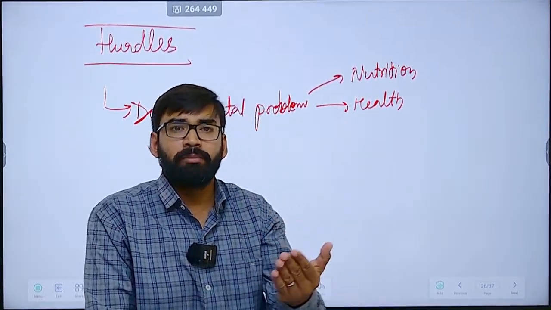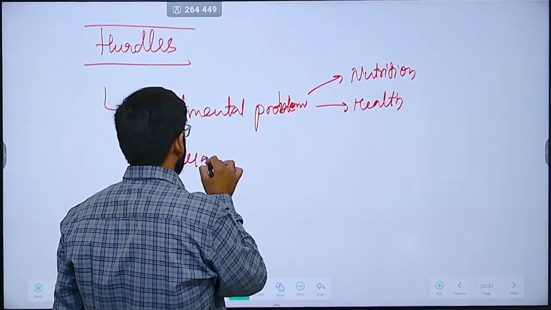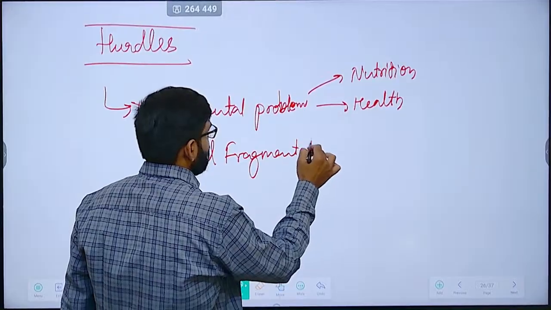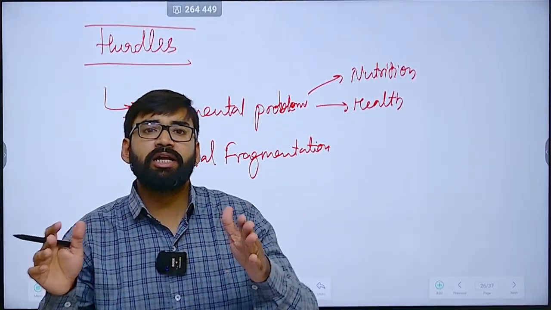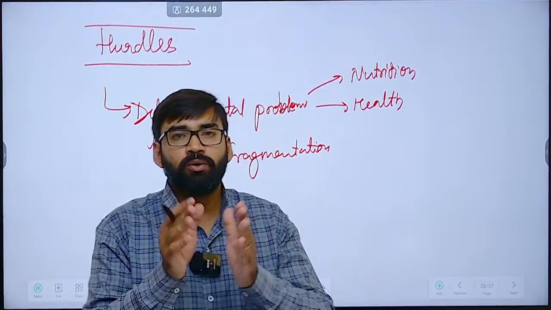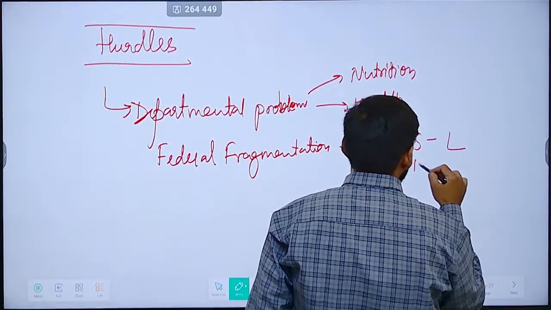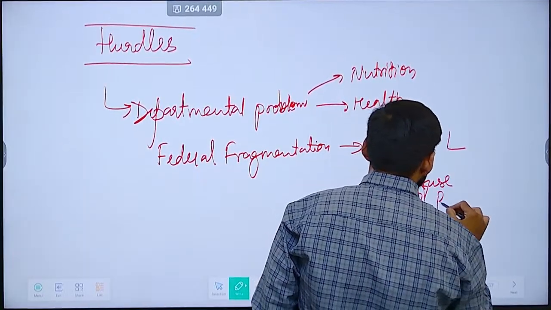Clear? Then you can mention federal fragmentation. When we talk about federal fragmentation, center, state, local overlaps can dilute or diffuse the responsibility. So here center, state, local, it diffuses responsibility.